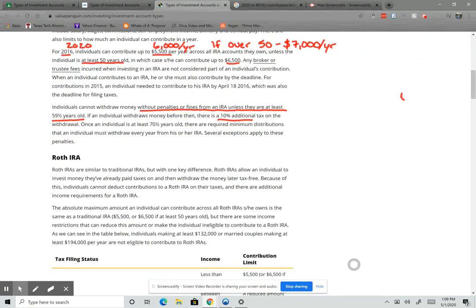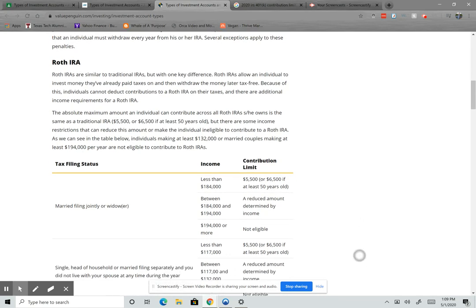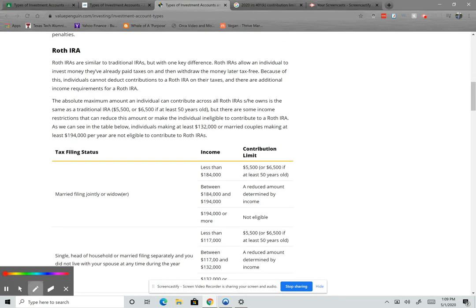Roth IRA is going to be very similar to a traditional IRA in terms of limits, right? It's $6,000 in 2020 for someone under 50, and $7,000 for someone over 50. The big difference here, though, is you're able to invest money that you've already paid taxes on.